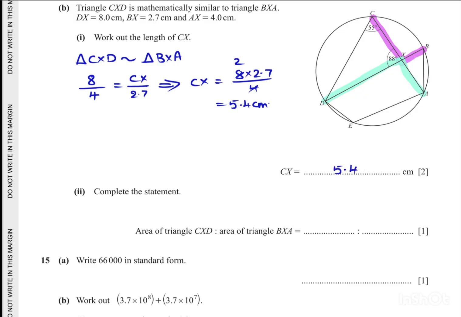Question number 2. Complete the statement. Area of triangle CXD is to area of triangle BXA. You need to find the area. Whenever two shapes are similar, the ratio of their areas will be equal to the square of the ratio of their sides. So take any of the two sides.